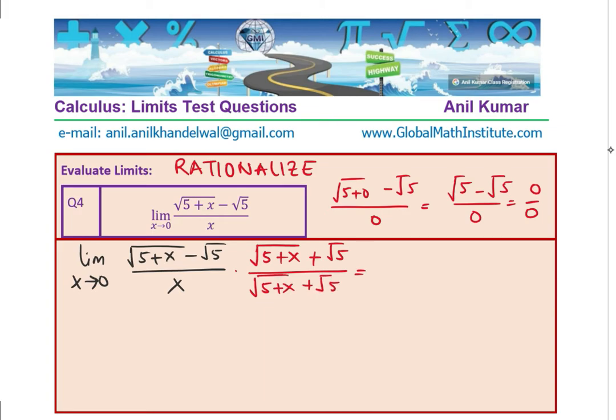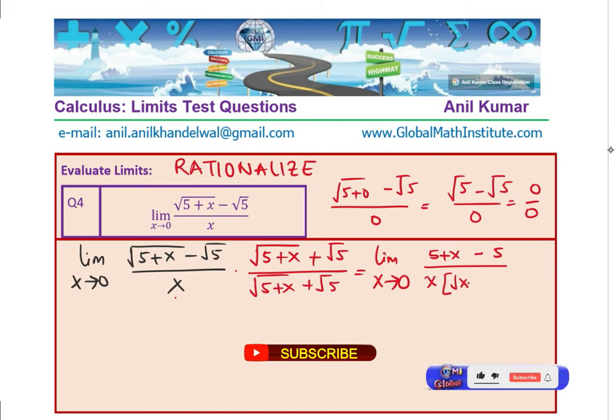And then we know what we get. Well, in the numerator, it is difference of squares, correct? So we get square of square root in this case will be 5 plus x, and here it will be minus 5. And in the denominator, we get x times, within brackets, square root of x plus 5 plus square root of 5.